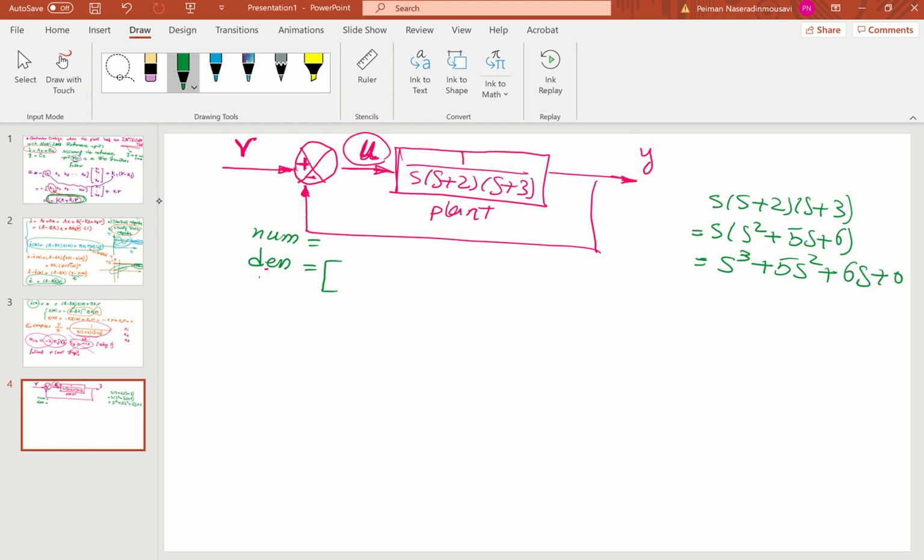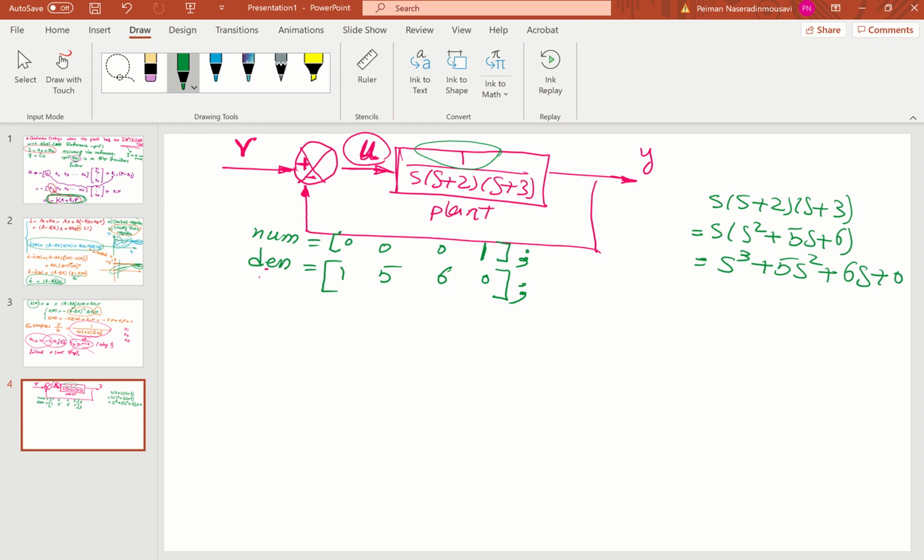So the denominator of the system, as I taught you in Matlab, is 1, 5, 6, and 0. Based on the third order system, the numerator is 0, 0, 0, and only the constant 1. Here we go, as we are going to type in Matlab right now.